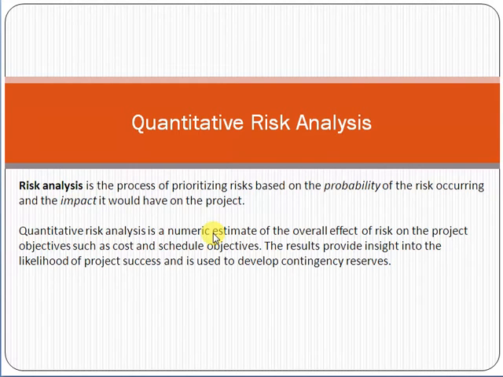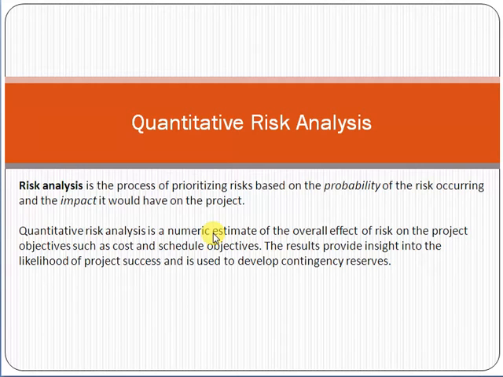Or, if that particular task is not completed tomorrow, we will face a delay in the project of about 10 days. So this is called an impact: what is the impact in terms of time and cost. And probability means the likelihood, the chances of occurrence.